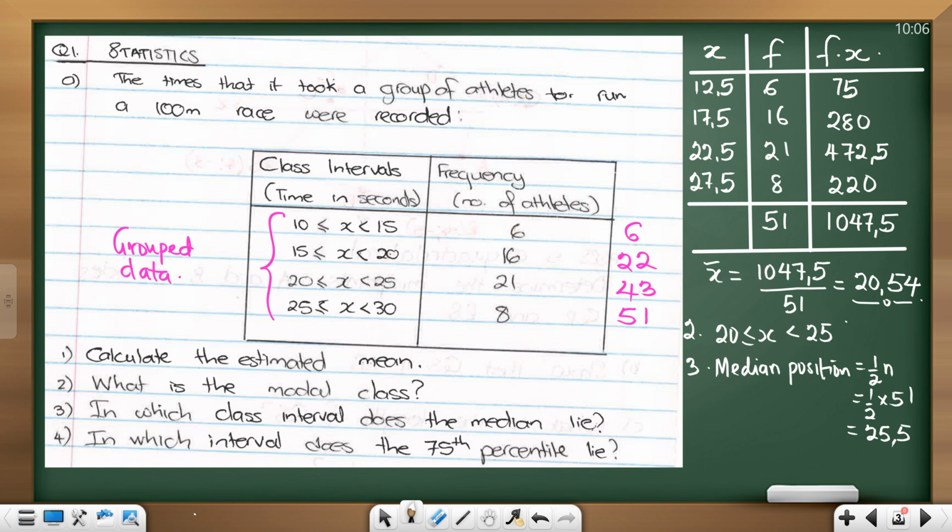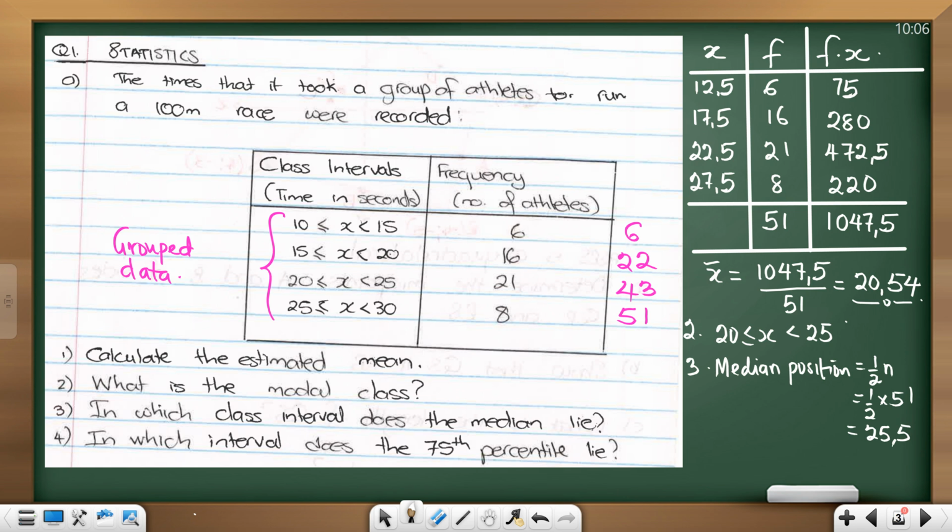No. We're looking for the position. Now, remember, this is just a position. If you round up, you get 26. But check my note. My note says that the n must be greater than the cumulative frequency.